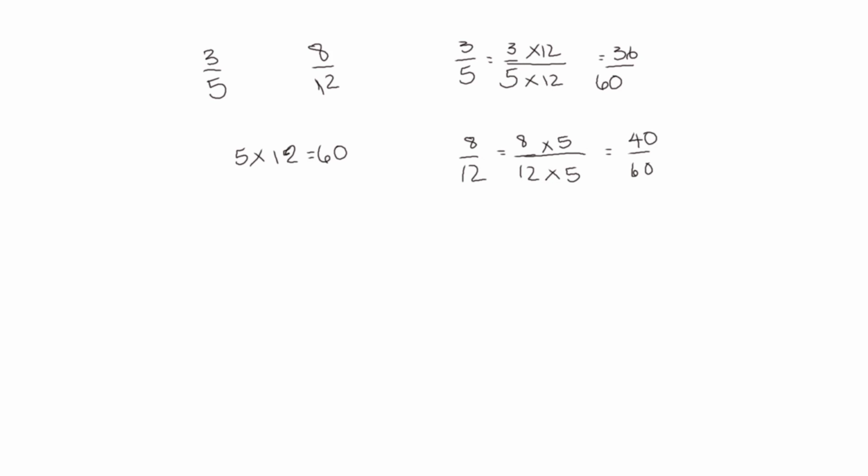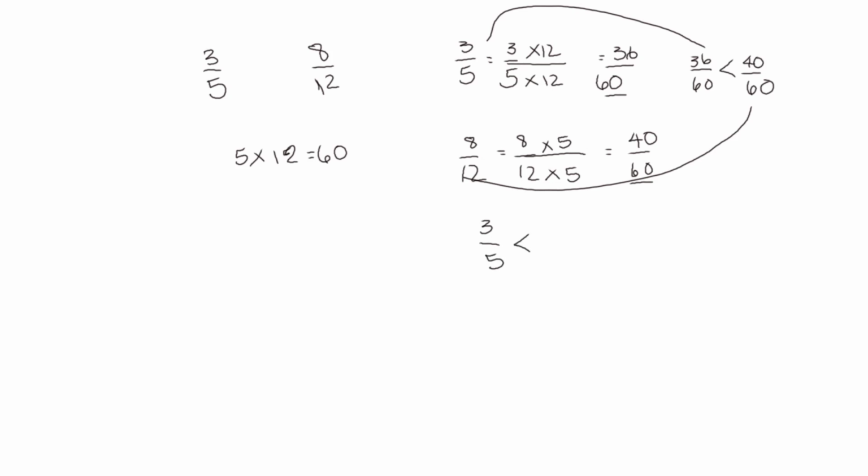And again, now it's very easy to compare since we have the same units. We're talking about 60ths. And we can see 36/60ths is less than 40/60ths. So since these fractions are equivalent, therefore 3/5 also has to be less than 8/12.